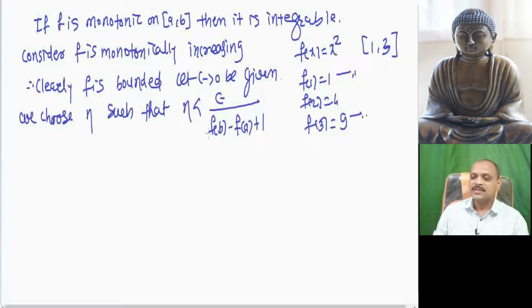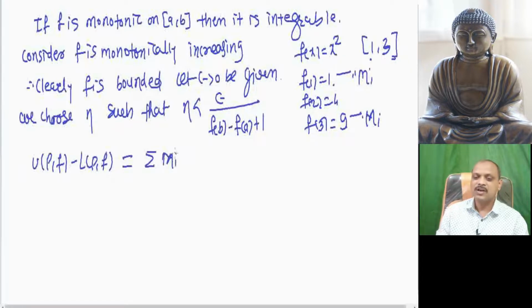Now friend, you can see that if this is the interval, then the minimum value of this function is 1, and the maximum is 9. This is my capital Mi and this is my small mi. So if we calculate the upper sum minus lower sum of this function, then this is the summation of capital Mi minus small mi into delta xi, i equal to 1 to n. But what is this capital Mi?